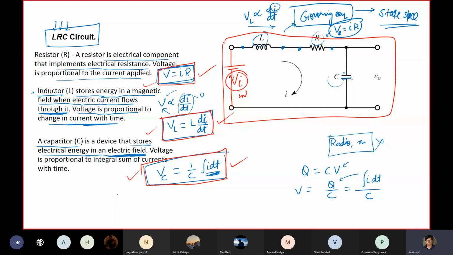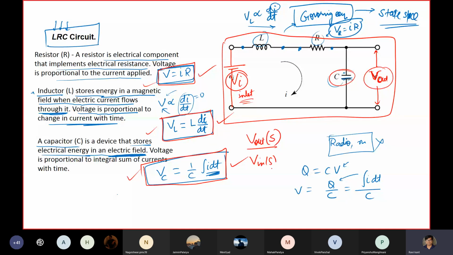That is, sometimes we need it. Let's suppose V out. This output by input, V out in Laplace domain by V in Laplace domain, is nothing but the transfer function of this thing. This is what I want to evaluate from this particular circuit.